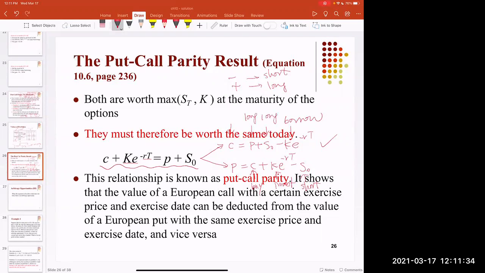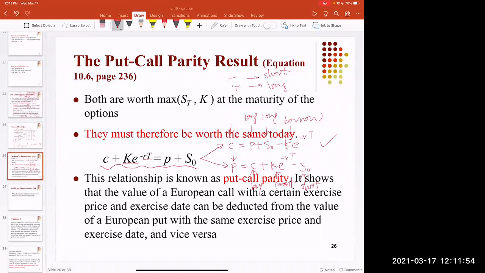And if it's a put, you buy a put option, it's equivalent to you buy a call and short sell a share and invest the money at the risk-free rate to the maturity day.